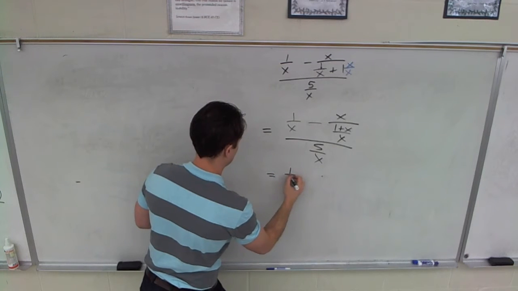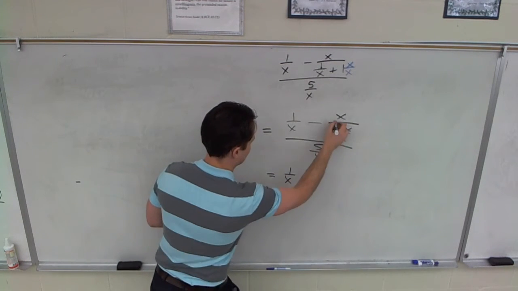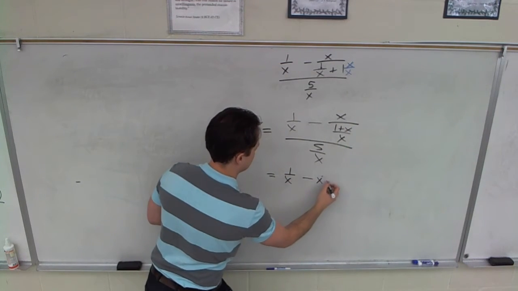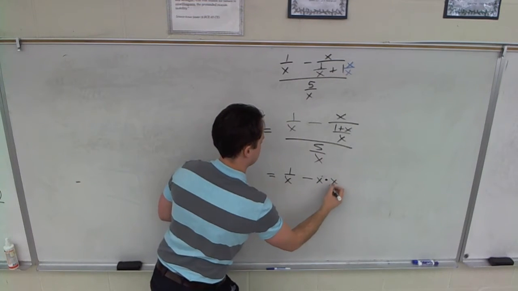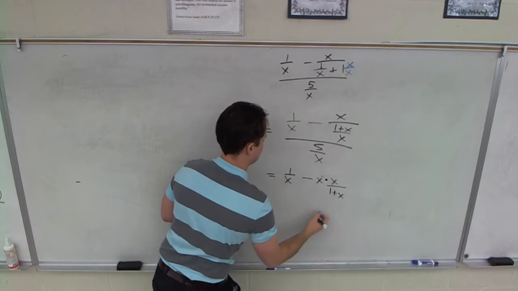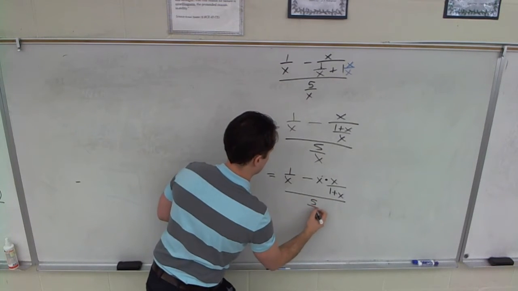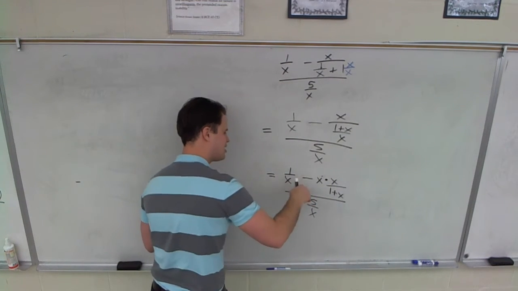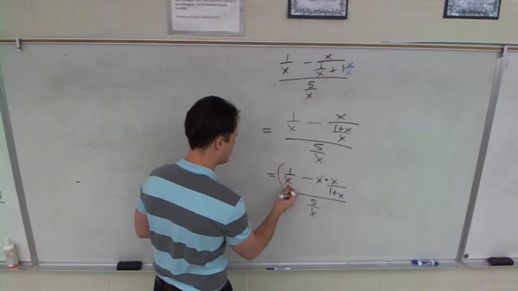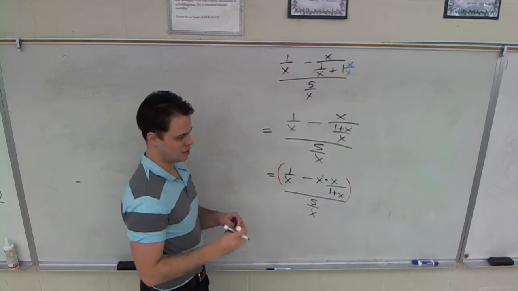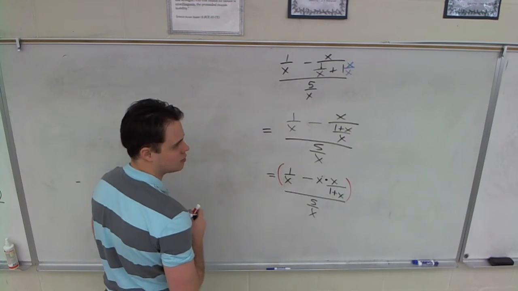So if I go 1 over x minus, and we got this x, times flip. So now I'm going to put these together before I even touch the bottom. So I'm doing parentheses. There's parentheses right here if you think about it. Other ways to do this problem, but I think that's the safest way.